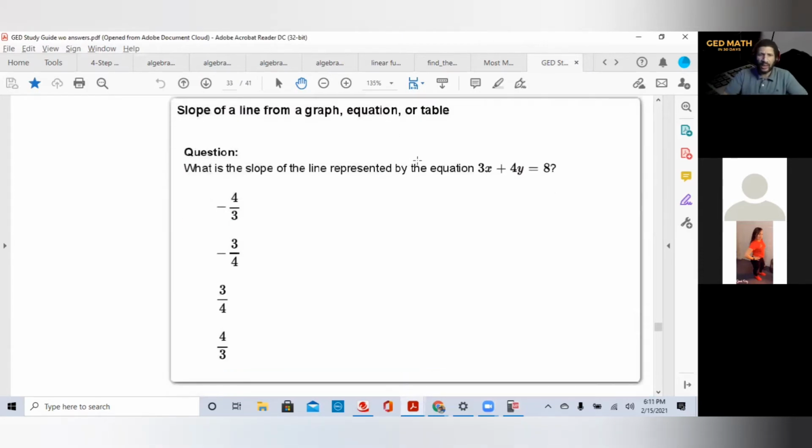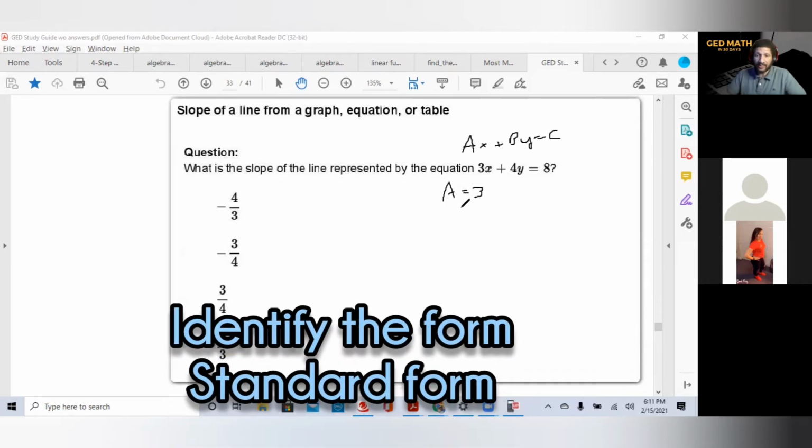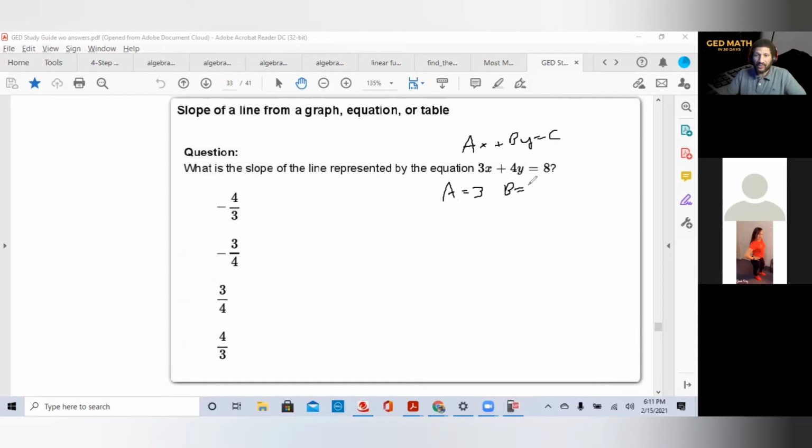It says, what is the slope of the line represented by the equation 3x plus 4y equals 8? Well, I just showed you how to do it. AX plus BY equals C. So we know A is 3, B is 4, C is 8.